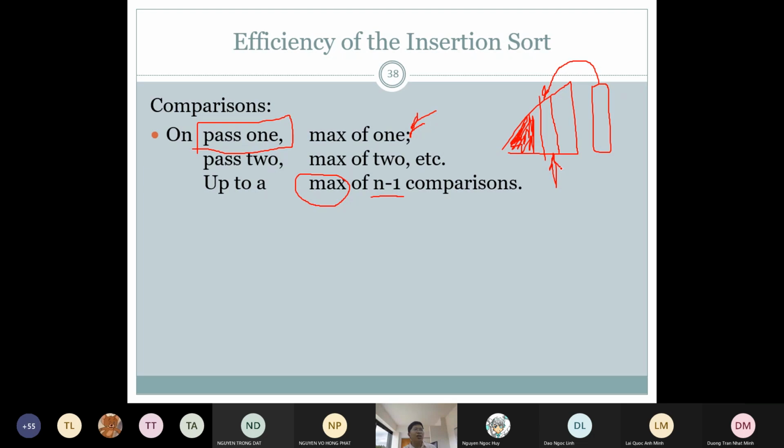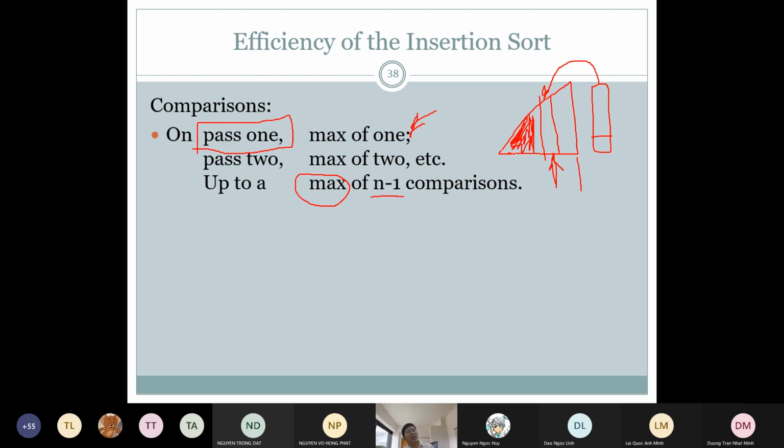So you see that we optimize the algorithm by knowing the items are in order, which helps us save some comparisons. At most we have n minus 1 comparisons, which means my value is the smallest value and you have to compare against all of them, from this position to the first element.